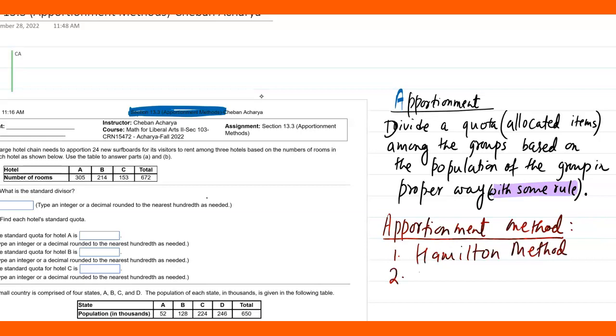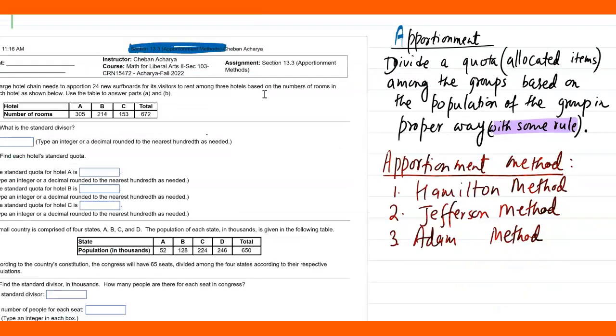Number 2 is Jefferson method. Number 3 is Adams method. Number 4 is Webster method.